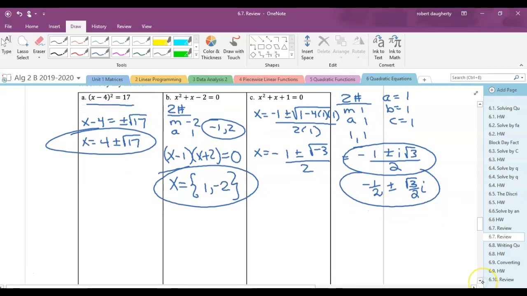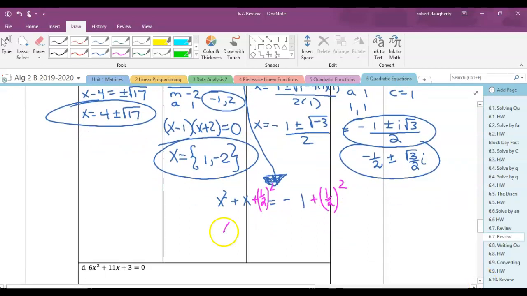How can I solve this using completing the square? So to complete the square, I would have x squared plus x equals negative 1. So I need to add, what is in front of this x is a 1, so I would need to take half of that and square it. So plus 1/2 squared. If I add 1/2 squared to the left, I must also add 1/2 squared to the right.